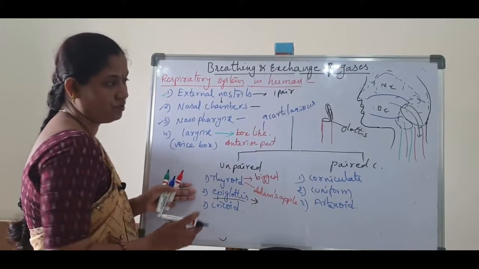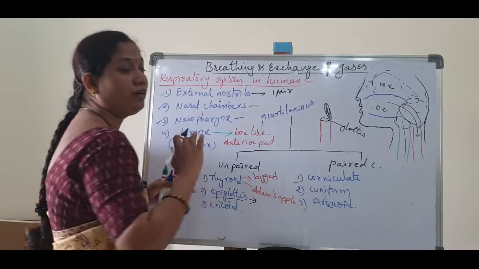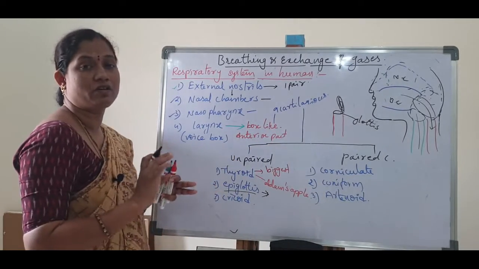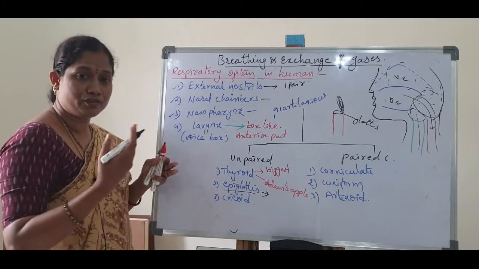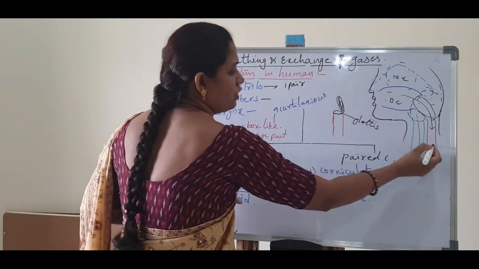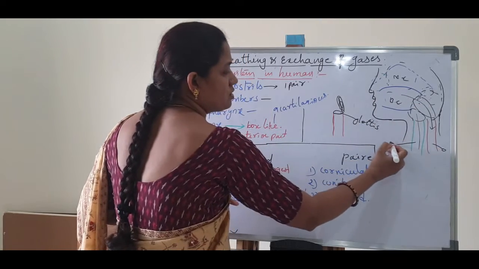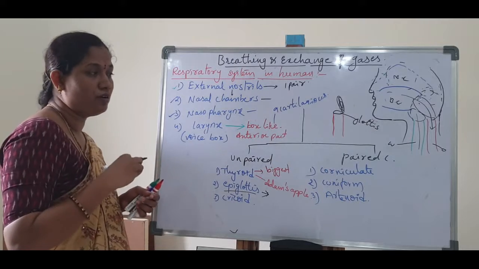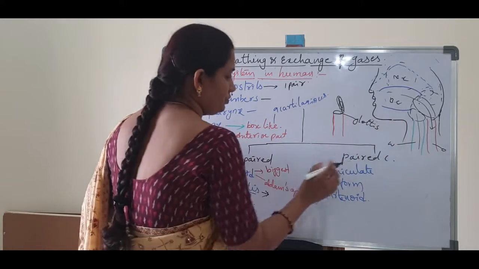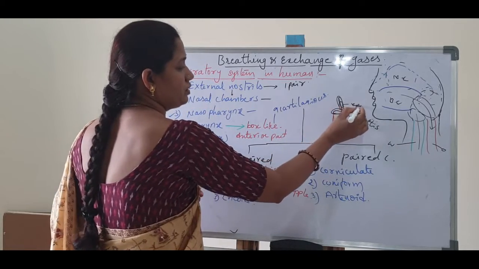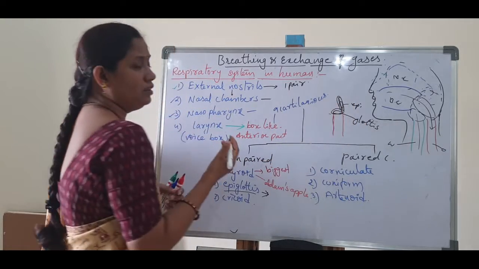Next, what is the function? It controls the opening and closing of the glottis. During the swallowing process, what will happen? Here this is the esophagus and this is the windpipe. When we are swallowing food, the epiglottis closes the glottis.